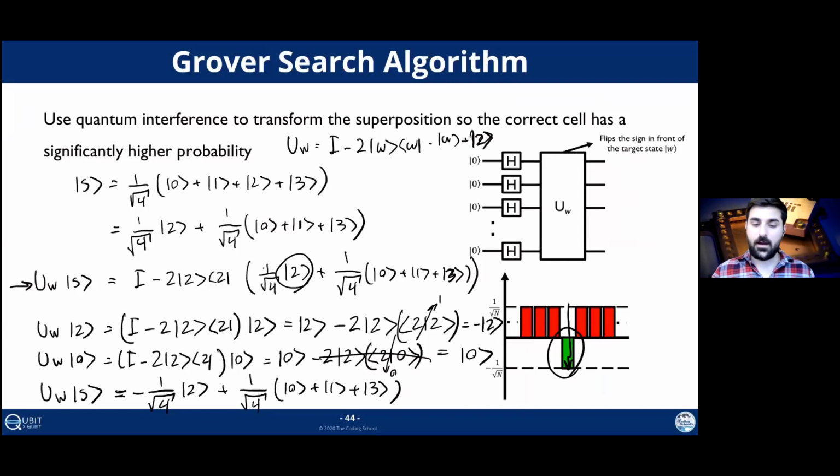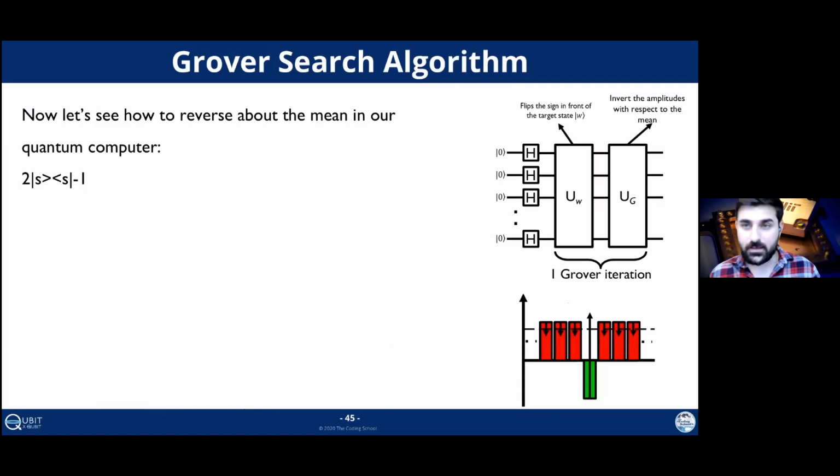Okay, now let's move to the next part, which is the inversion around the mean. What this operator does is that it simply inverts the state that we had around the mean value.